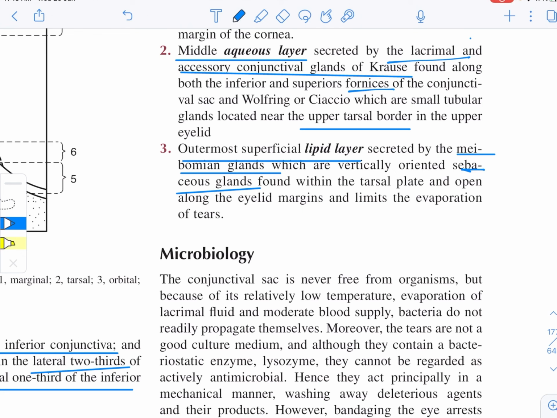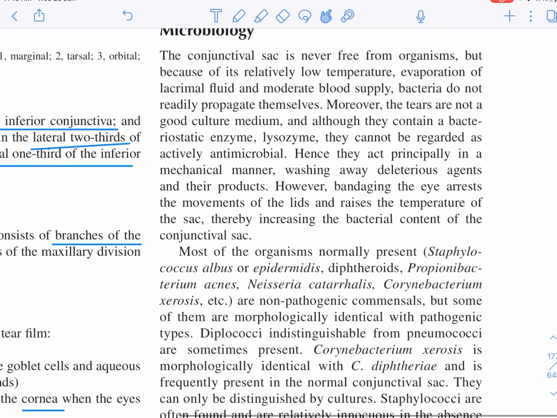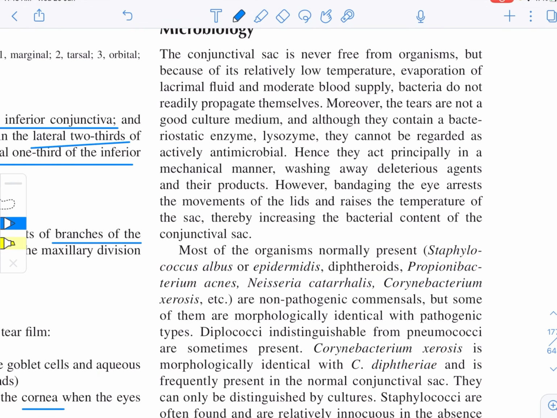Coming to the microbiology, the conjunctival sac is never free from organisms, but because of its low temperature, evaporation of lacrimal fluid, and moderate blood supply, bacteria do not propagate themselves. Moreover, the tears are not a good culture medium, and although they contain a bacteriostatic enzyme which is called lysozyme, they cannot be regarded as actively antimicrobial.